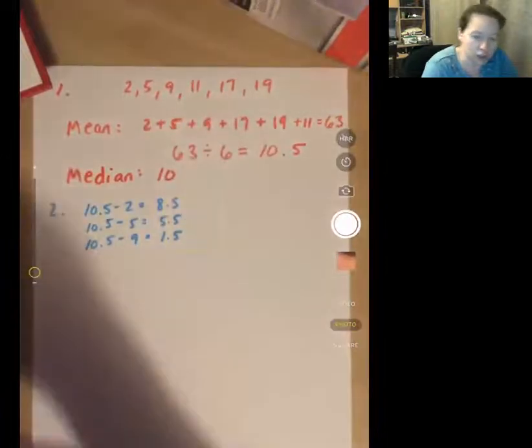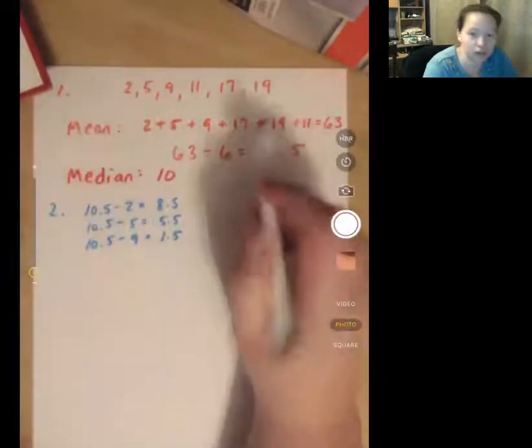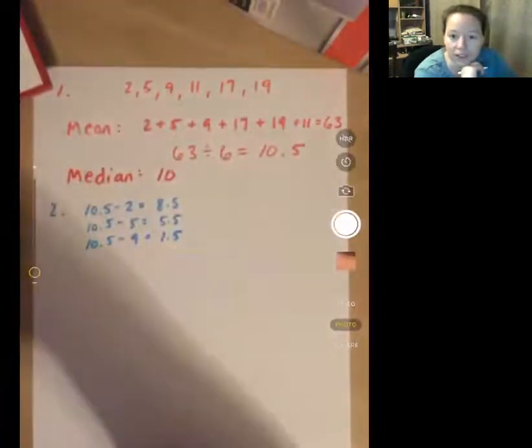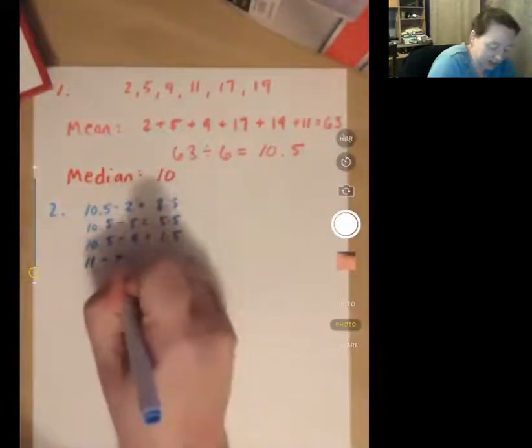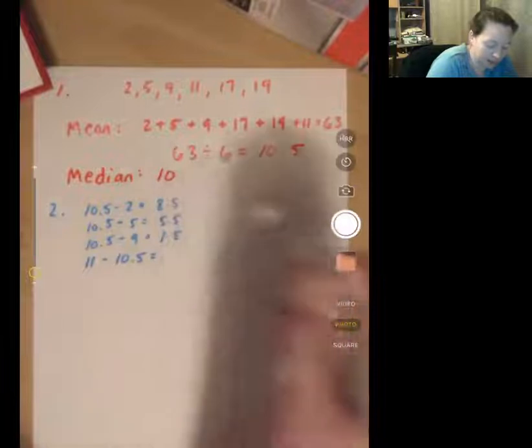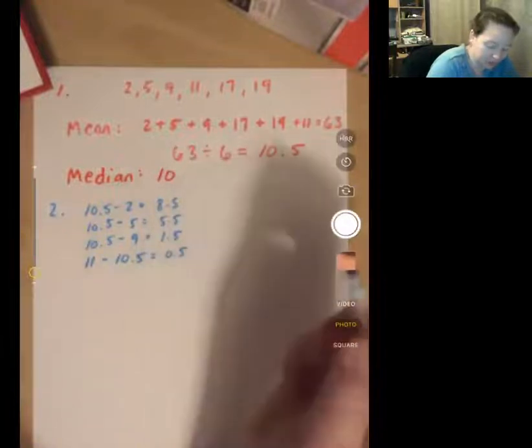Then I'm going to switch it around, because these numbers are larger, and remember the differences always have to be positives. We are never going to have negatives here. So my 11 minus 10.5 is 0.5.